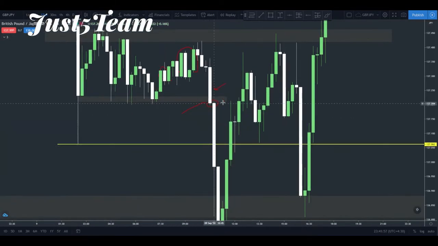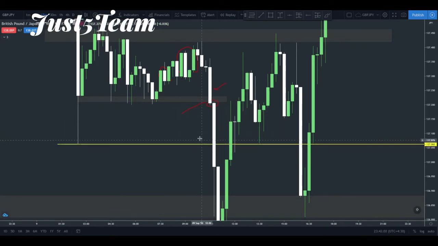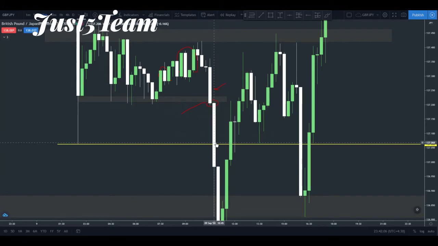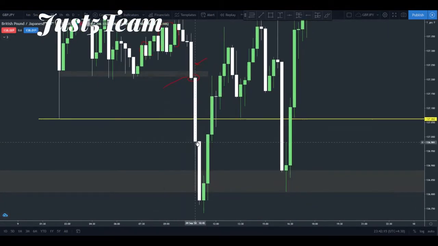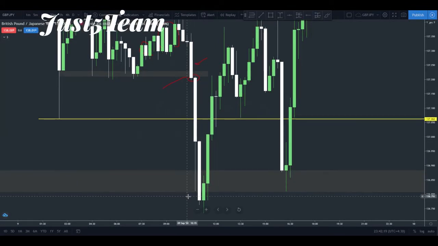My first target was around here. I closed it around here, and I kept 20% of my position open, and I closed about 25 pips. After that, I saw price close around here with a long wick again.